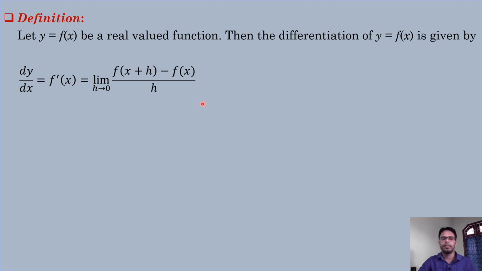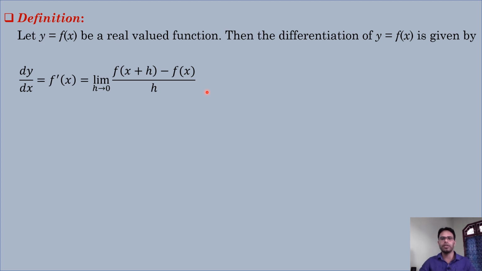But here in this chapter we should discuss the differentiability of a function at some particular point. This definition, the first principle of derivative, will give the differentiation of the entire function at each and every point of the domain of the given function, whatever the function is.